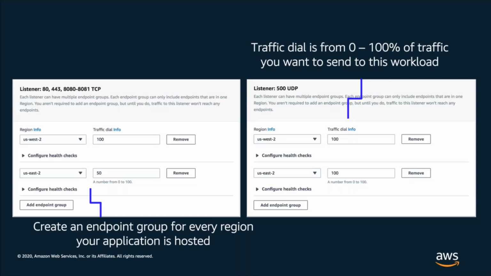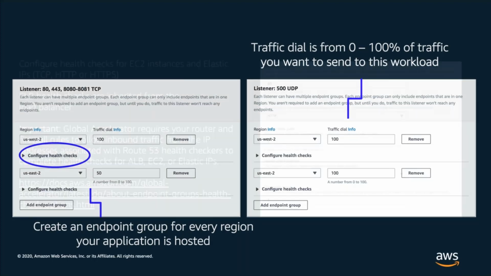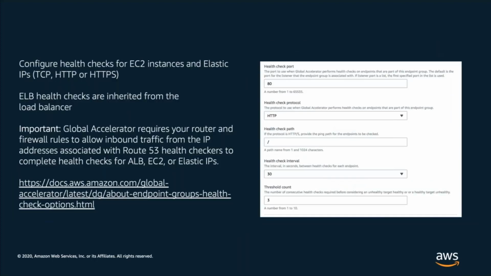By default, every endpoint group gets all the traffic that is supposed to go there based on latency. And in terms of health checks, you configure health checks in the console or API for EC2 instances and elastic IPs. But for ELB, so application load balancers, network load balancers, health checks are inherited from the load balancer configuration.